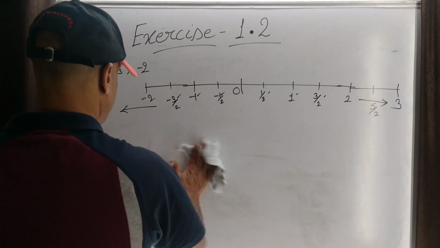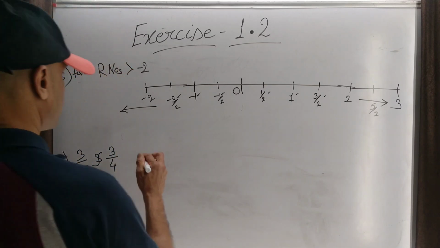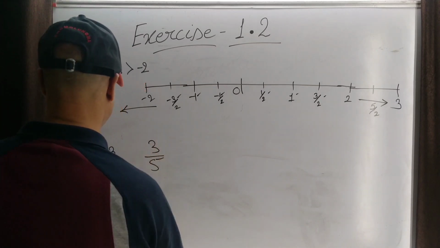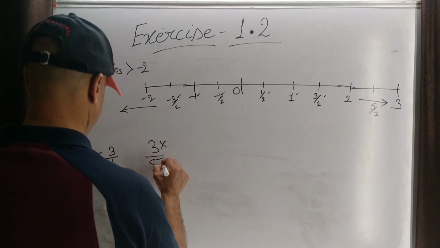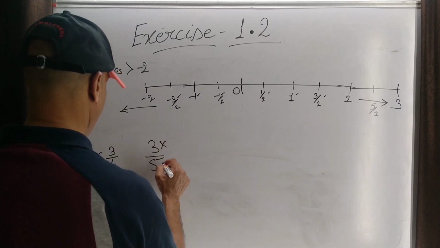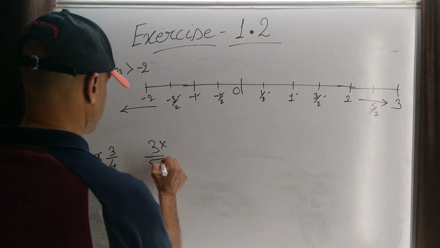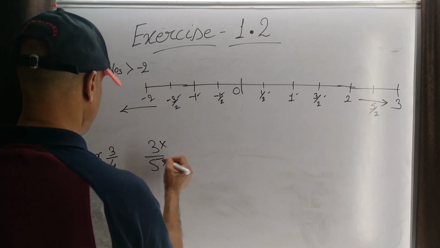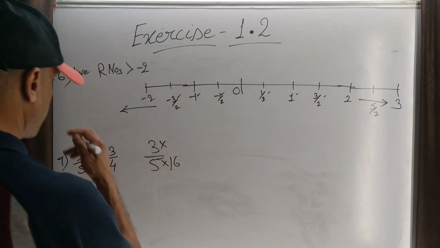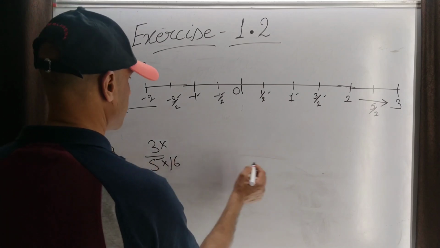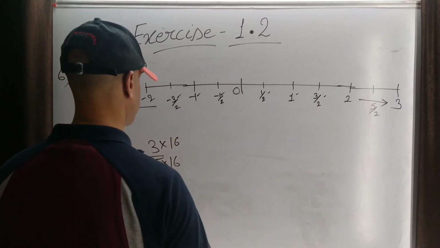Let's start with 80. Okay, so 3/5, multiply by 16. Okay, 16 5s are 80, and here we multiply by 16.